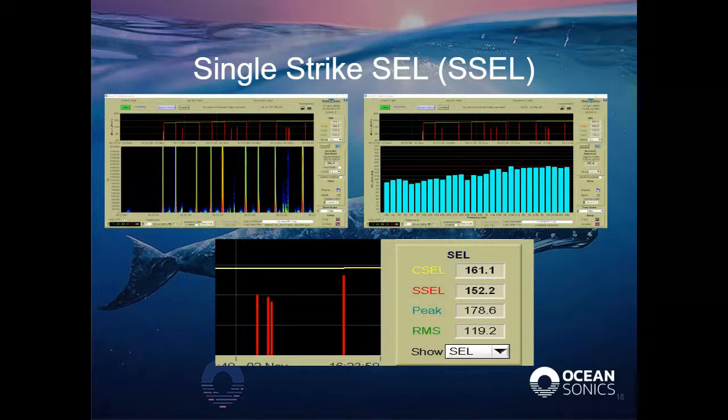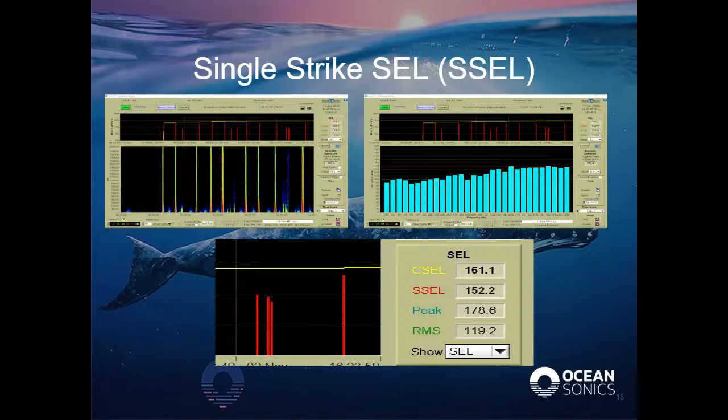And this is how we actually take these measurements in Lucy. So when you set up for an impulse detection, you're going to be able to take measurements of every single strike. These are represented in Lucy by these red lines in the upper graph if you select Show SEL.